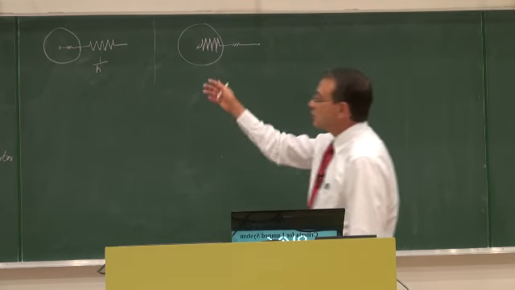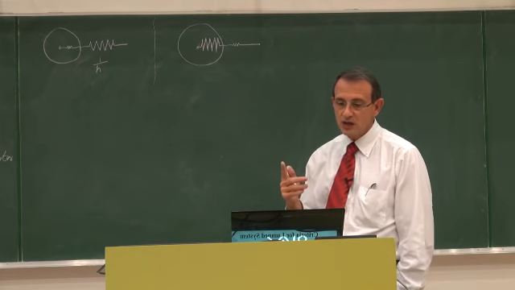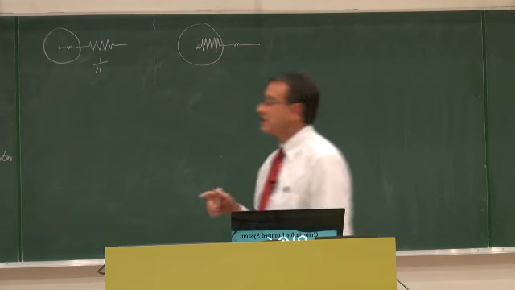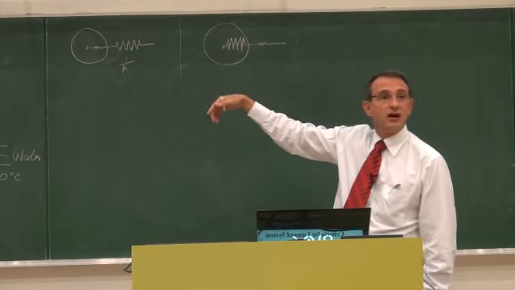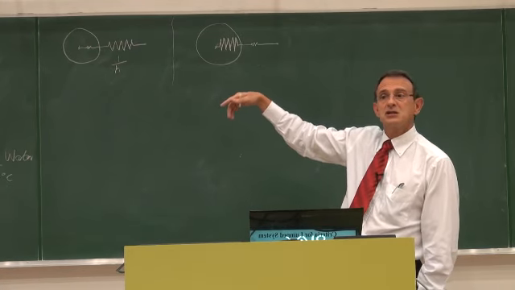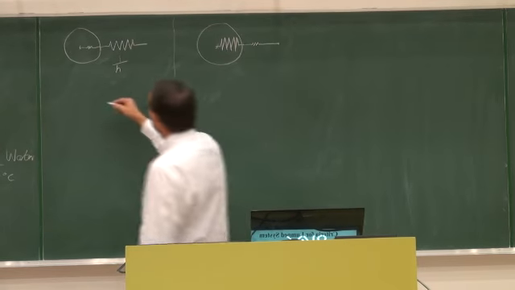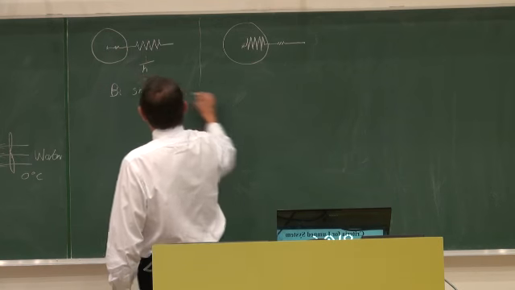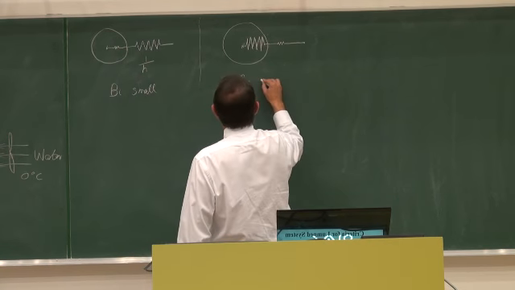If we look again at the definition of the Biot number, which is the conduction resistance in the body divided by the convection resistance on the outside, then we will see that this Biot number is going to be small and this Biot number is going to be large.